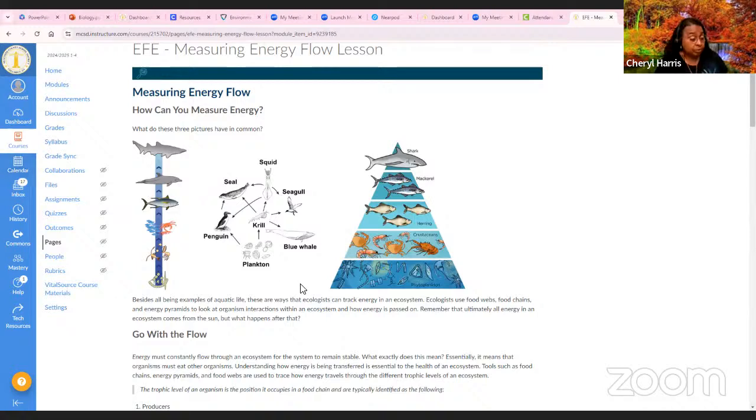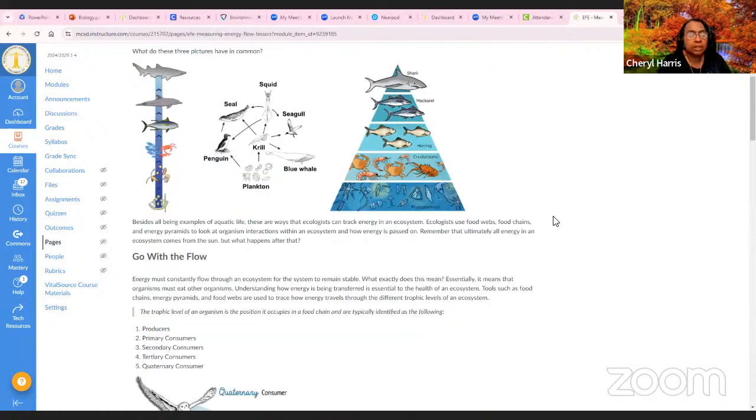It goes from producer to consumer, and these are the three types of consumers: primary consumers, secondary consumers, tertiary consumers, and then apex. And this one has quaternary, which is not a word that's used often. Most of the time, you're going to say apex consumer, which means they're at the top, nobody's eating them.